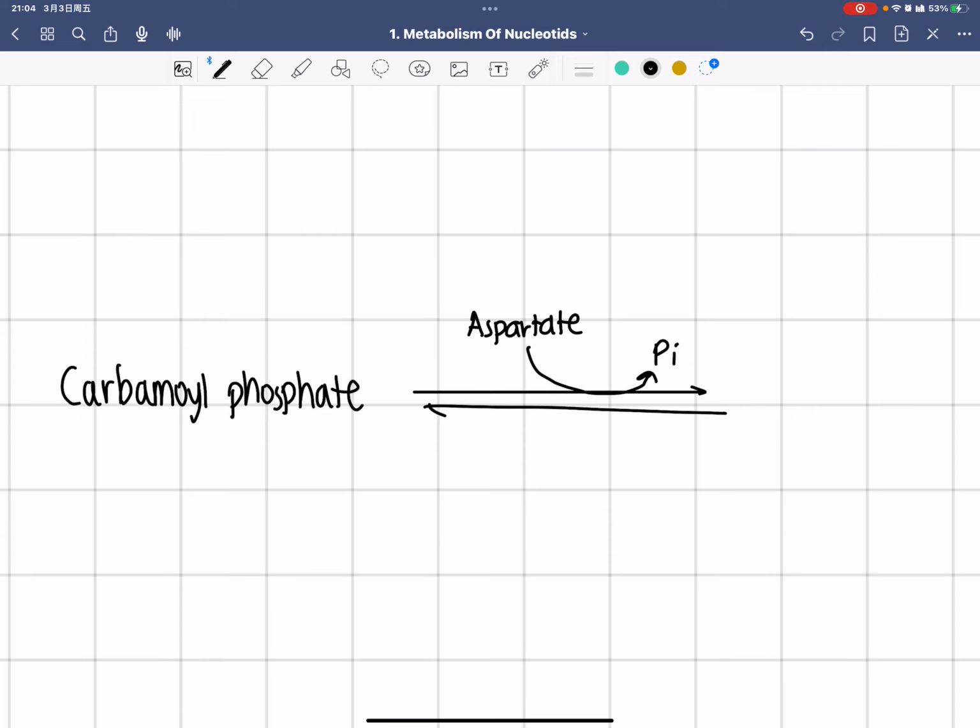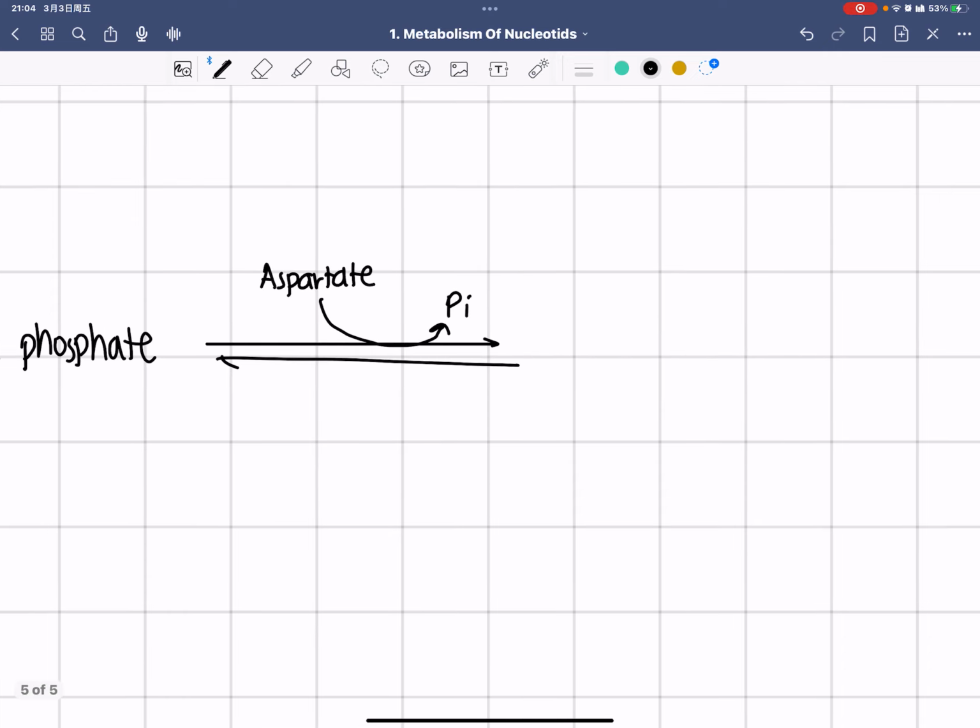We replace the phosphate group, and now we form a molecule called dihydroorotate. Oh wait, went too fast, went to another process.